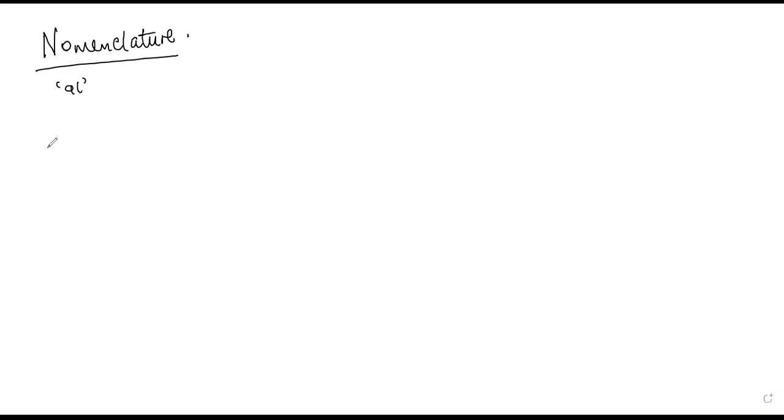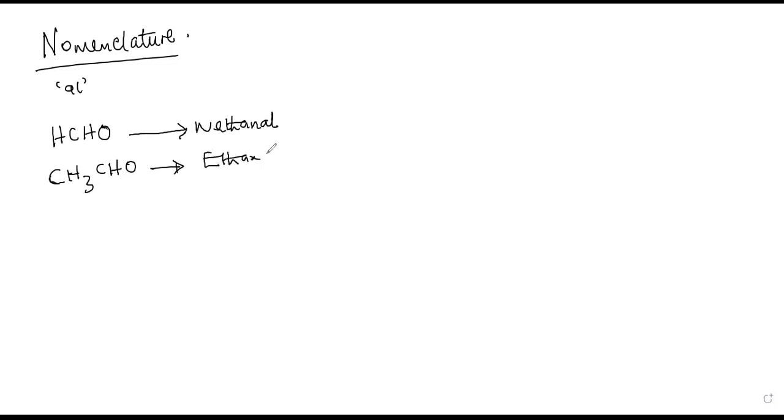For example, if you have the formula HCHO, we call this methanal. If we have CH3CHO, we call this one ethanal.